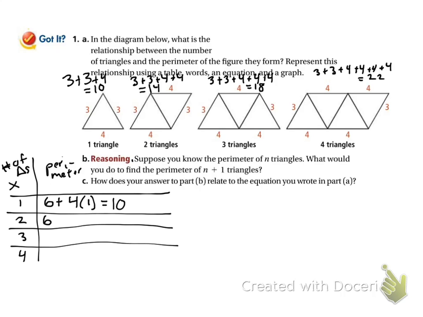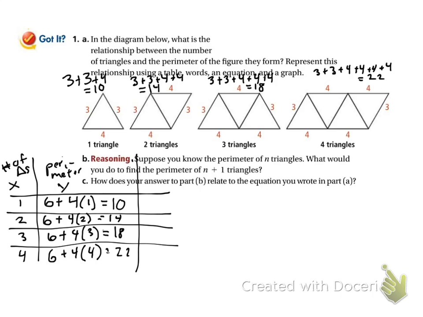So this one is going to be 6 plus 4 times 2, which gave me 14. This should be 6 plus 4 times 3, which gave me 18. This should be 6 plus 4 times 4, which gave me 22. These are my y's.